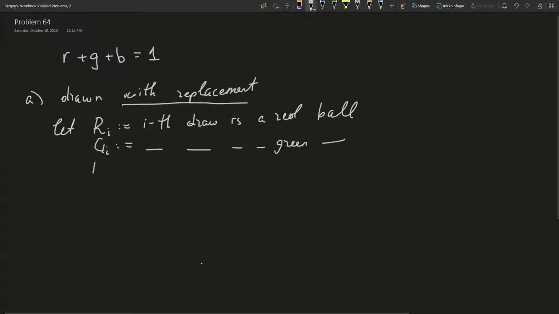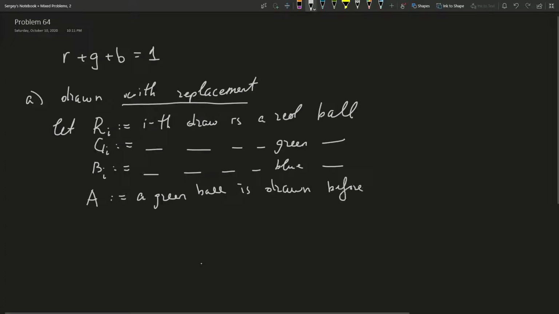And B sub I, the event that the ith draw is a blue ball. And we'll also denote A, the event that a green ball is drawn before a blue ball.